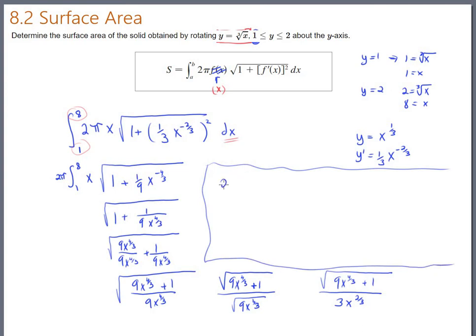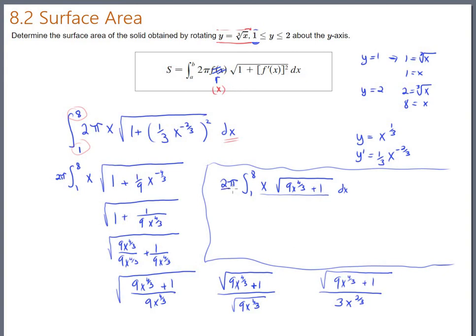So the integral is 2 pi, from 1 to 8, x square root of 9x to the 4/3 plus 1, and this is all over, oops, got a dx on the end, all over 3x to the 2/3.